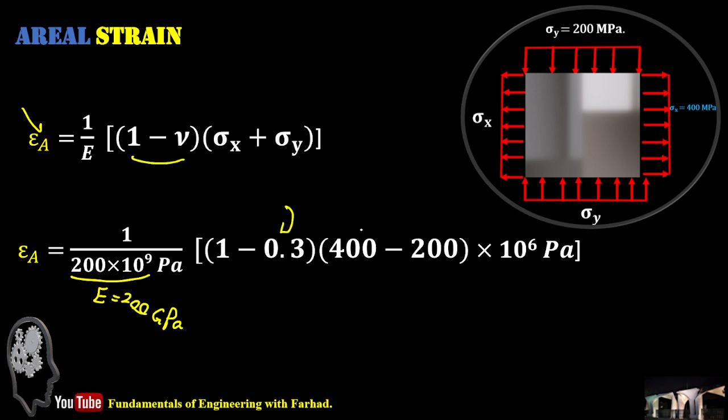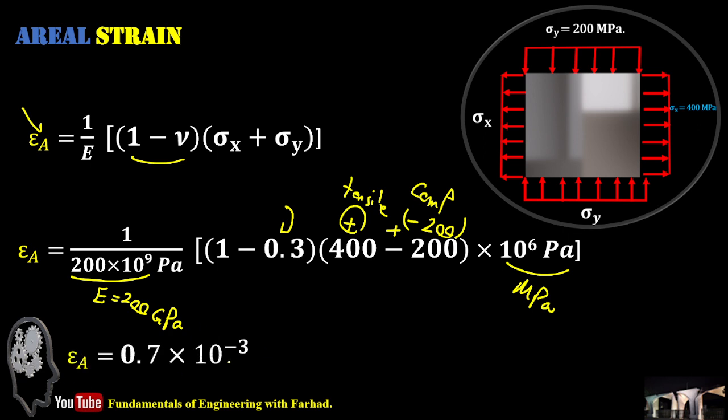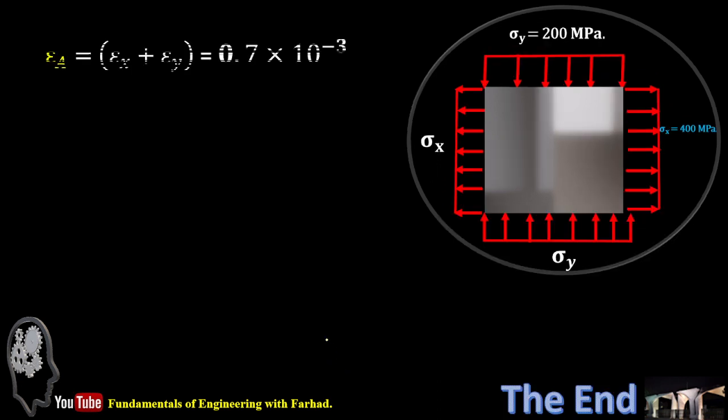For sigma x, be careful about the direction: plus 400 is tensile and minus 200 is compressive, in megapascal, which is 10 to the 6 pascal. If you calculate the numeric value, it gives you epsilon a equal to 0.7 times 10 to the negative 3, and that's dimensionless.